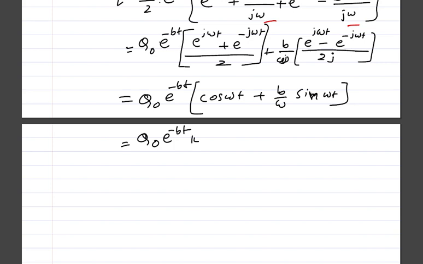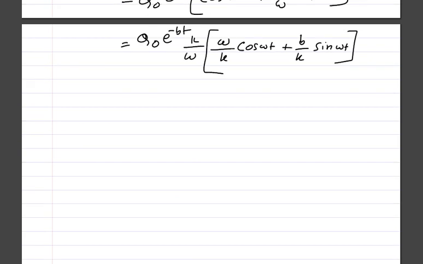I take k by omega out, that adds to the first term omega by k into cos omega t plus b by k sin omega t. All right, let omega by k is equal to cos theta and b by k is equal to sin theta. They actually have the dimensions of angle, that's why we are taking it this way.